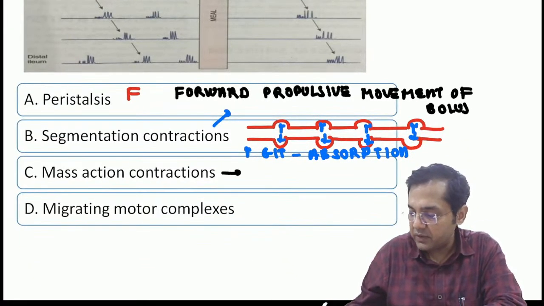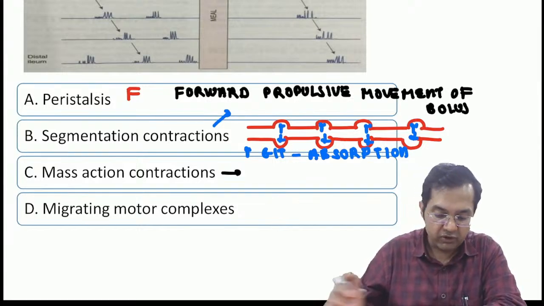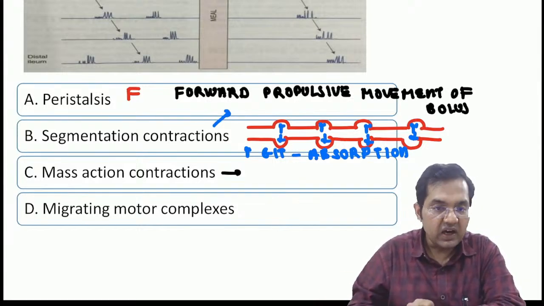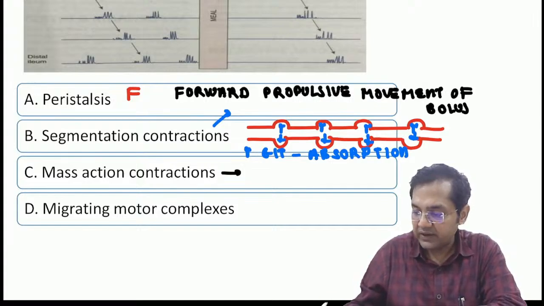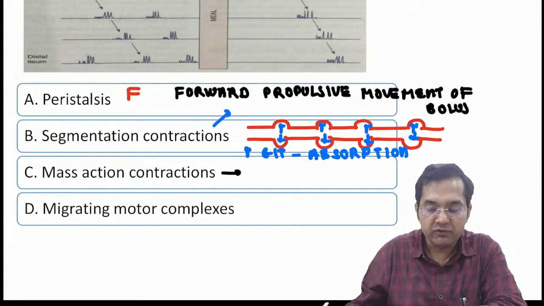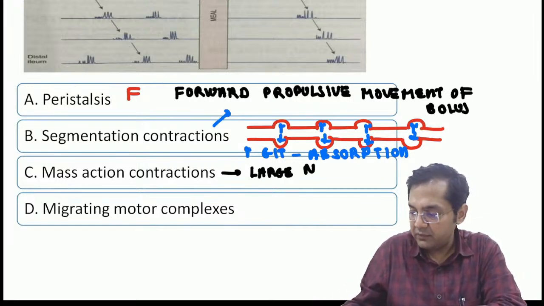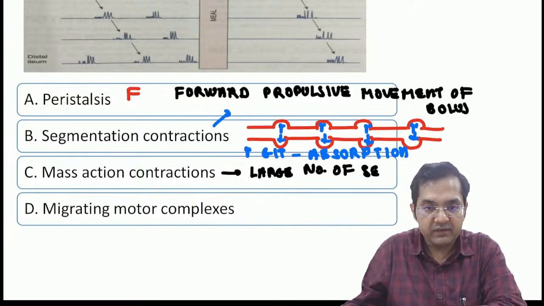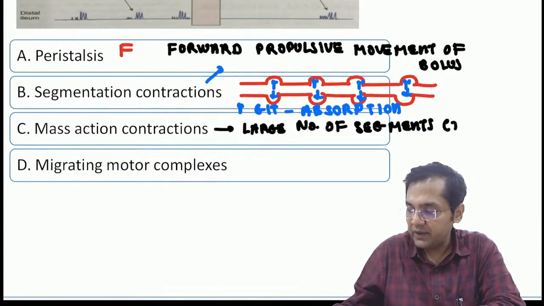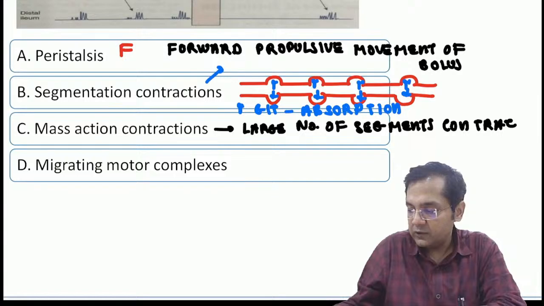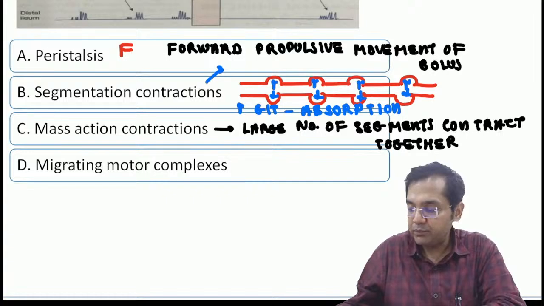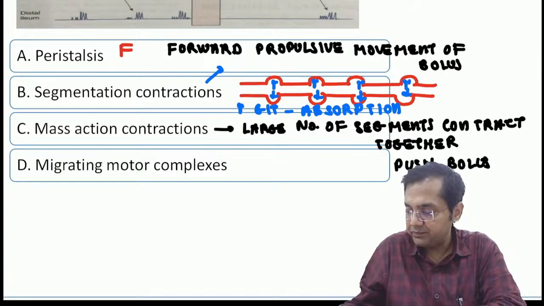What is mass action? Mass action means large number of intestinal segments contract together, right? Especially in the middle of transverse colon. When the large number of segments contract together, remember they can push the bolus as far as rectum.